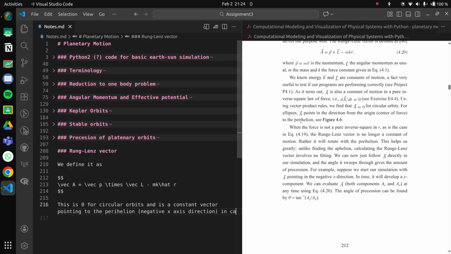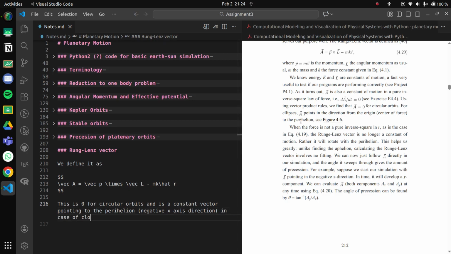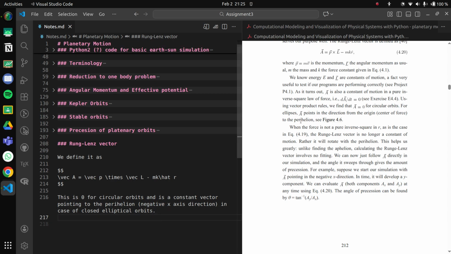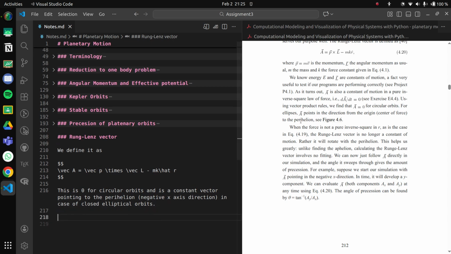In case of closed elliptical orbits, and then by extension the same thing for hyperbolic and parabolic orbits as well, right? But that's the thing, we don't have an inverse square law, and we don't have closed orbits either.